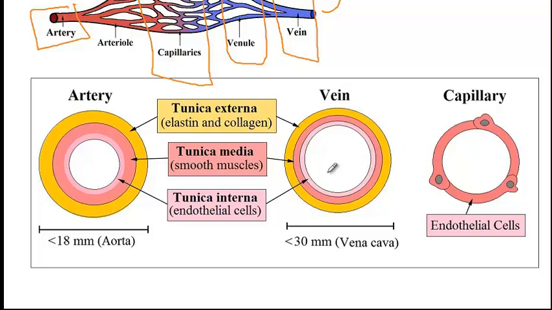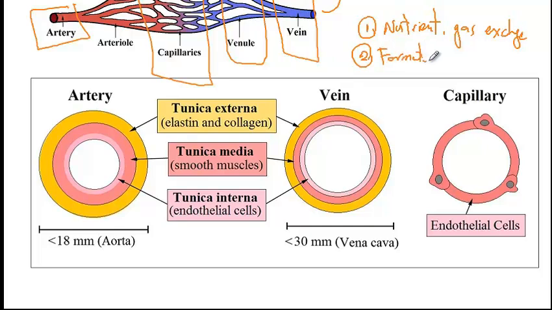And the function of the endothelial cells is, number one, nutrient and gas exchange. They're also important for formation of new blood vessels, and then they also activate the coagulation or clotting mechanisms.